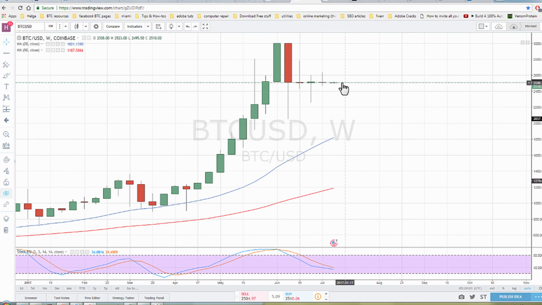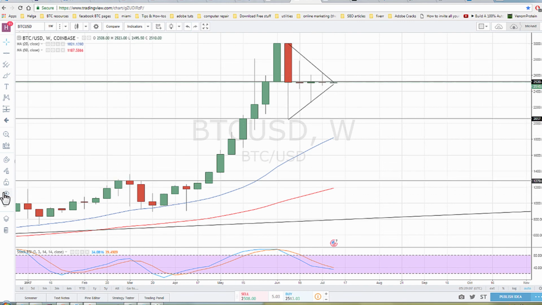I would say it's going to go up more probably than down, because of what's formed here. Let me turn on the drawings. It's a symmetric triangle that's formed in 4 weeks. Because we come from an uptrend, and when you see a symmetric triangle, it usually breaks on the upside, because this is a trend continuation.